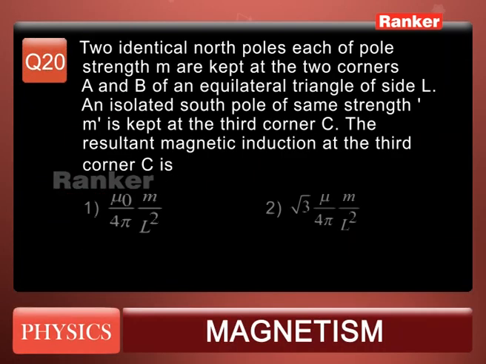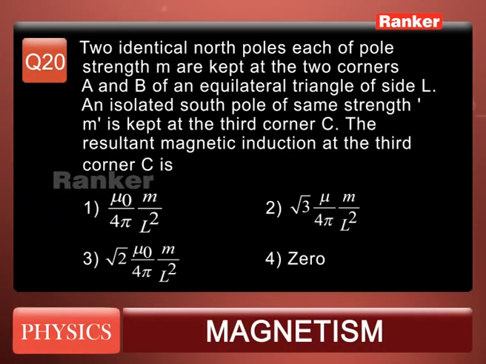Question number 20. Two identical north poles, each of pole strength m, are kept at the two corners A and B of an equilateral triangle of side L. An isolated south pole of the same strength m is kept at the third corner C. The resultant magnetic induction at the third corner C is: the first option mu naught by 4 pi m by L square.